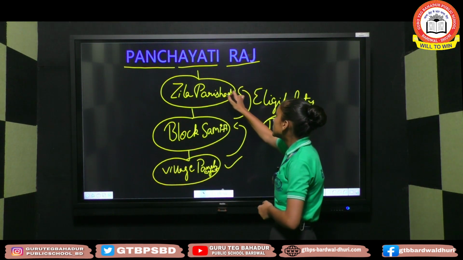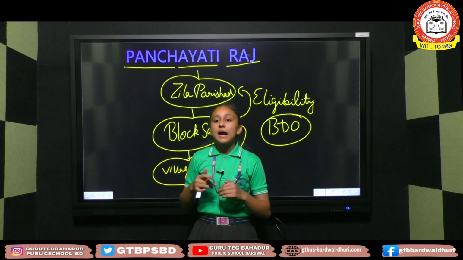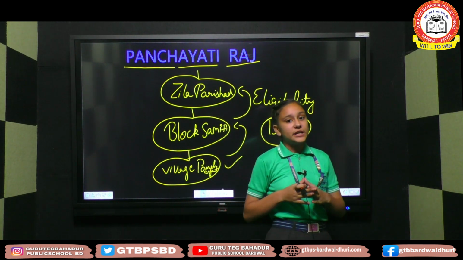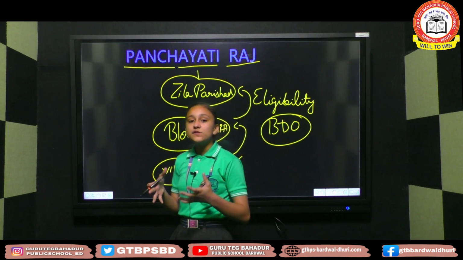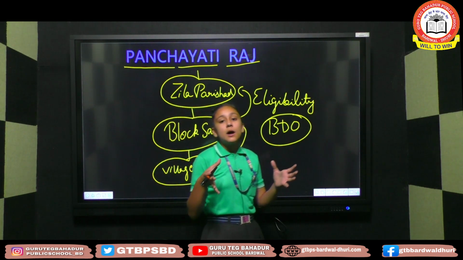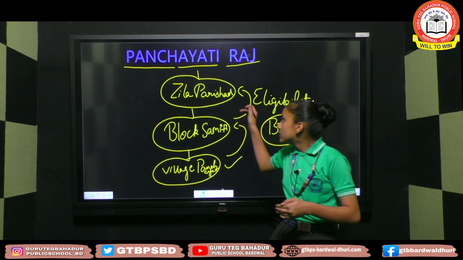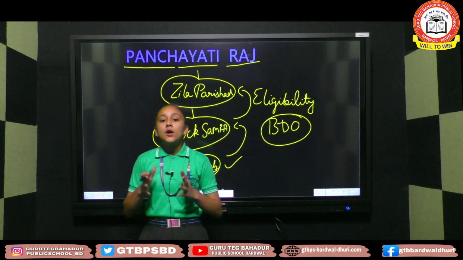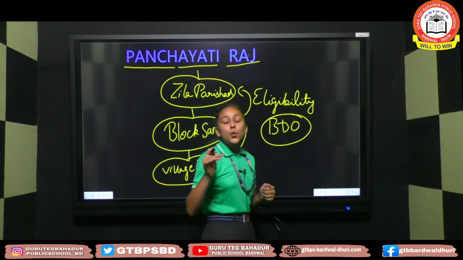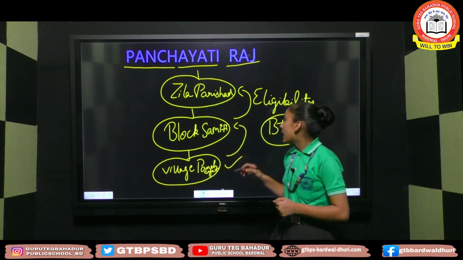Now let's move to the third and topmost tier, that is Zilla Parishad. All the elected representatives of Block Samiti and Parliament come in the Zilla Parishad. There is also a head of Zilla Parishad which is called chairman, who is elected among its members.